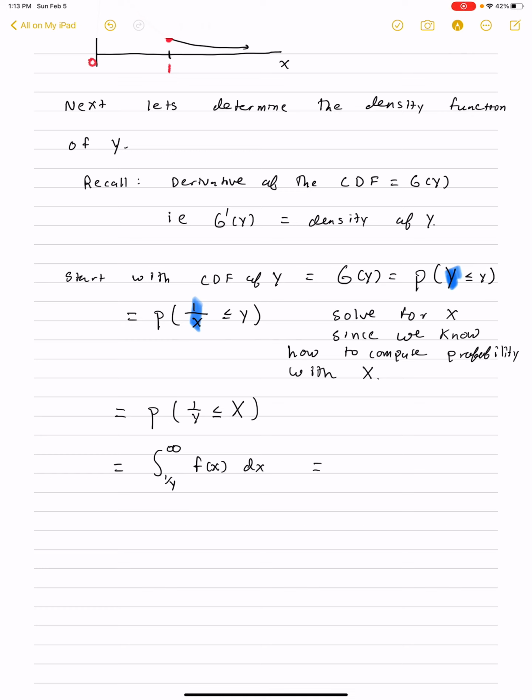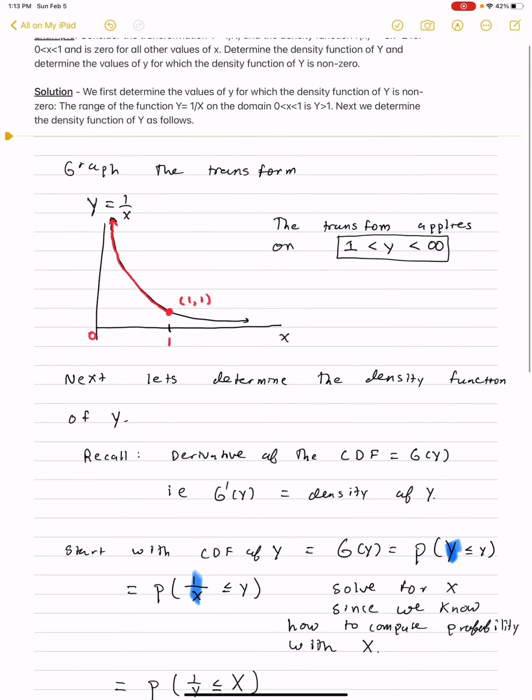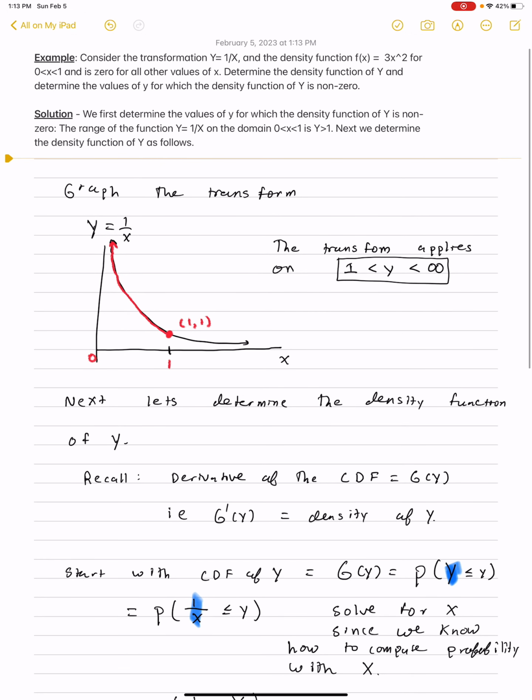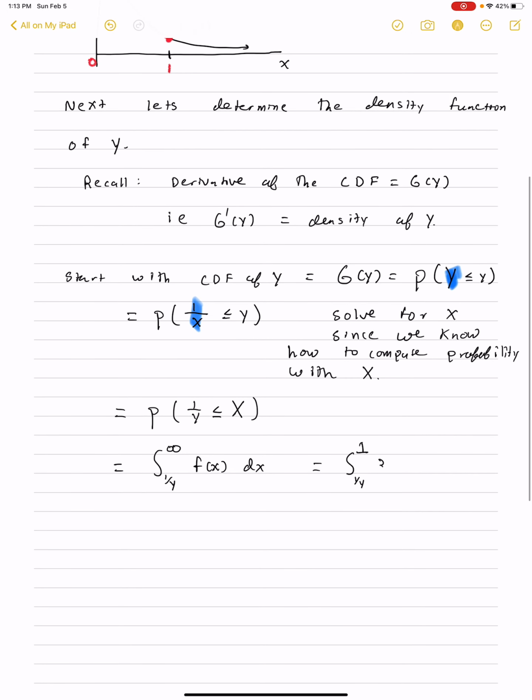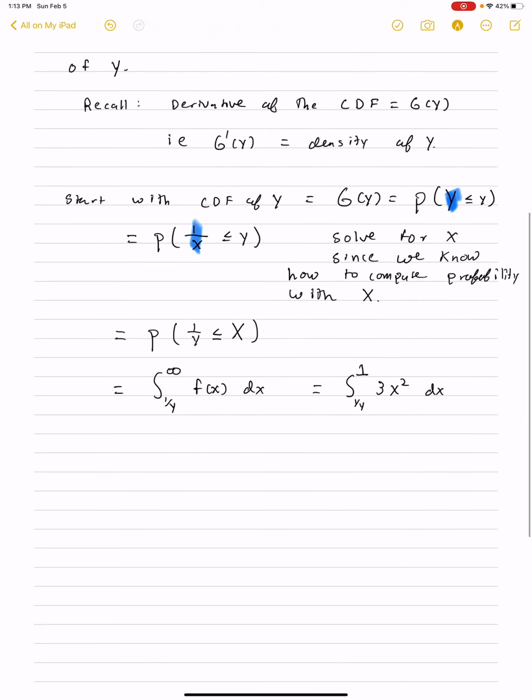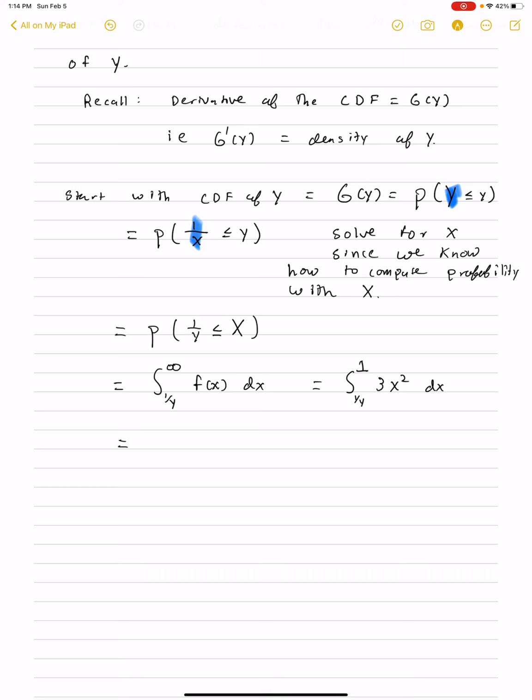Now, I don't truly have to integrate to infinity because the upper value of x for which this density is non-zero is 1. So I integrate from 1 over y to 1 of the density function. Let's just remind us what the density function is. It's 3x squared dx. We know how to anti-differentiate that.